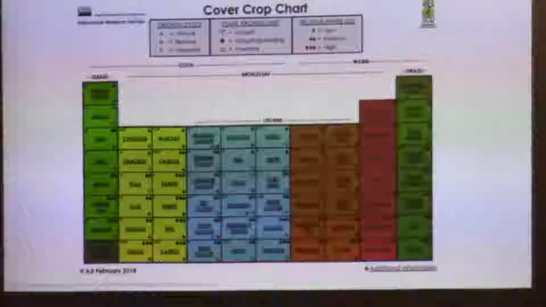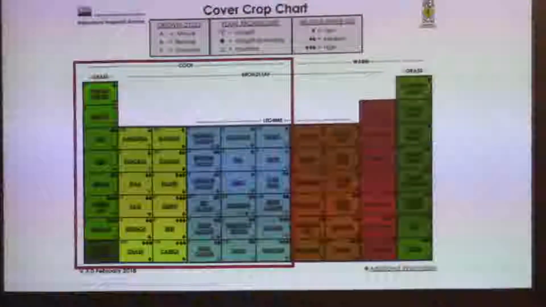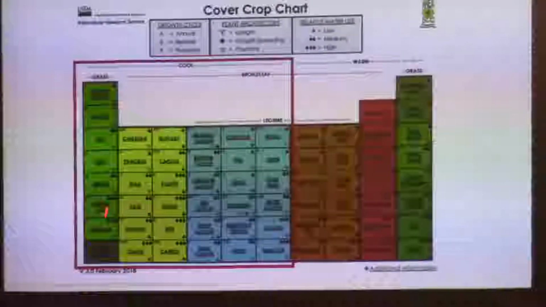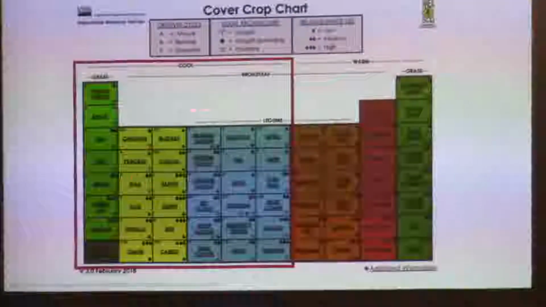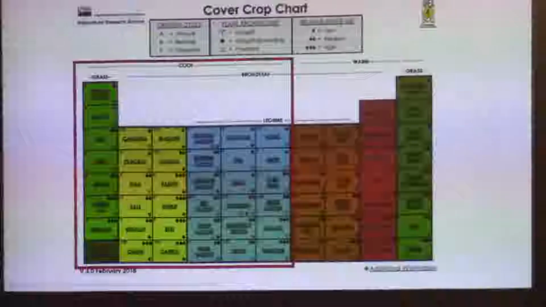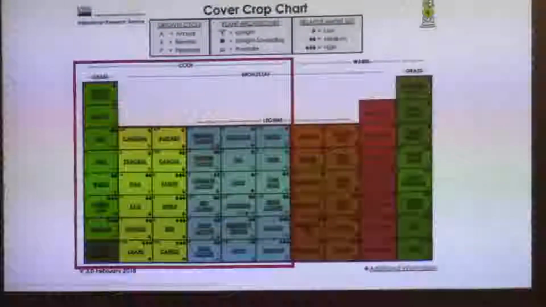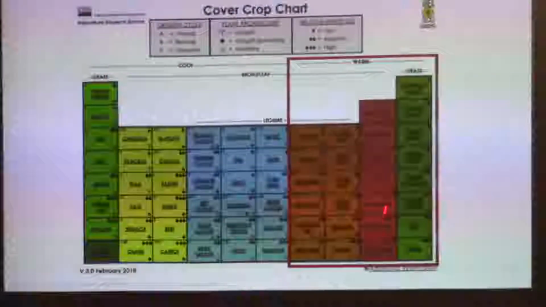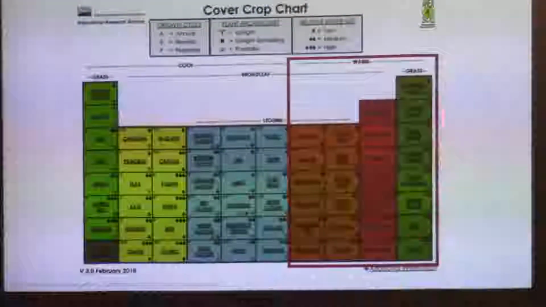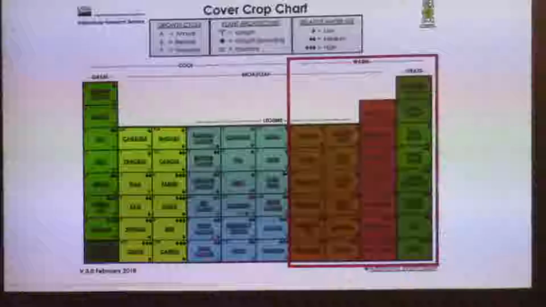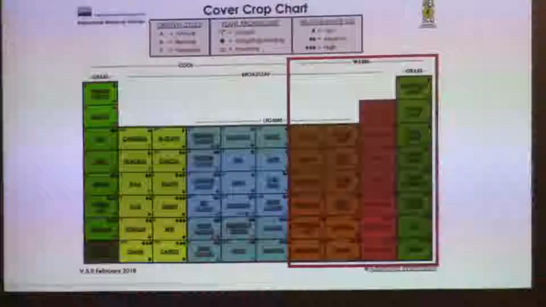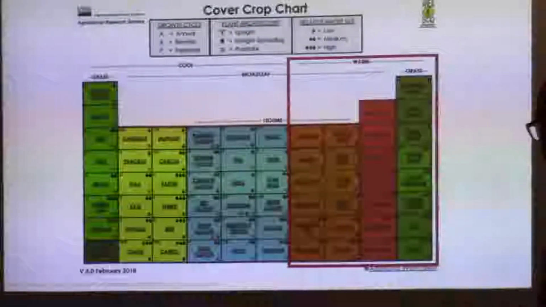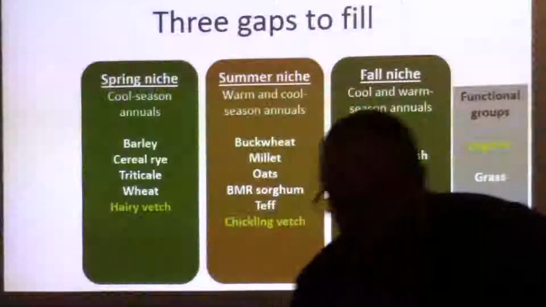And it breaks them into your cool season grasses, non-legume broadleaf, and legume species, and your warm season legumes, non-legume broadleaf, and grass species. And so we tried to pull from a diversity of these different types of annual forage crops, and that's how we ended up with this list.